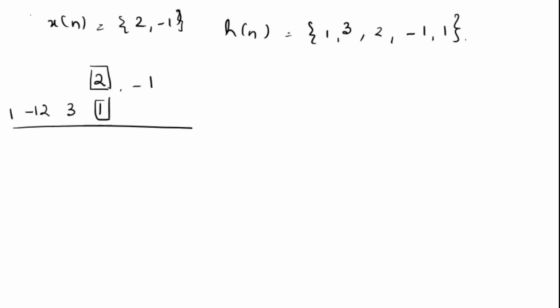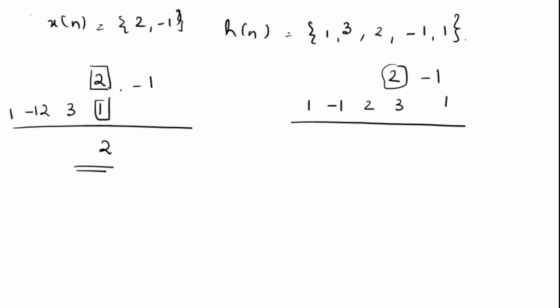So 2 into 1 it is 2. Next write 2 and -1, keep it as it is. Now we have to shift the signal by 1 unit in the right direction. Hence it is 1, 3, 2, -1 and 1. Then it is 2 into 3 6, -1 into 1 it is -1, answer will be 5.